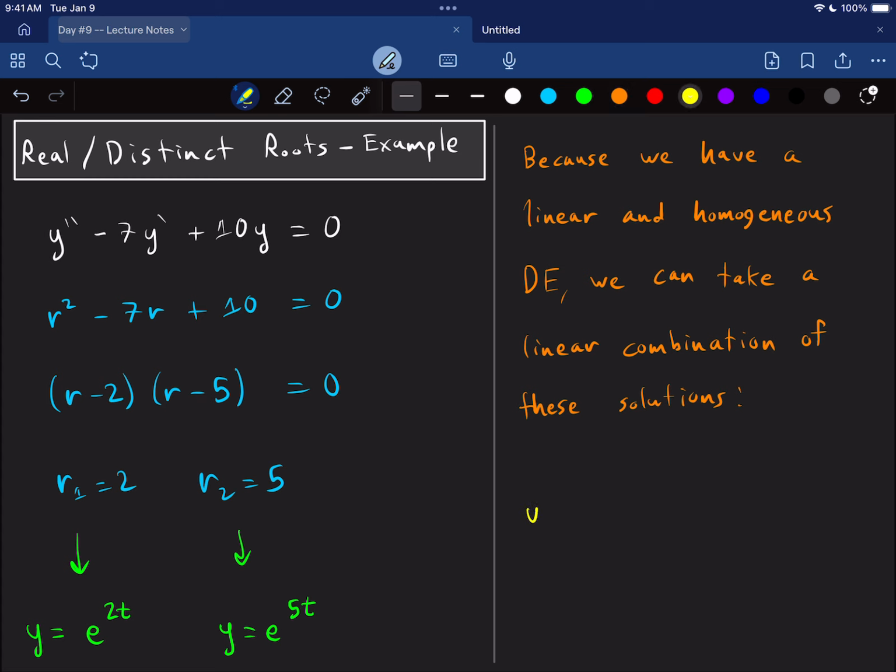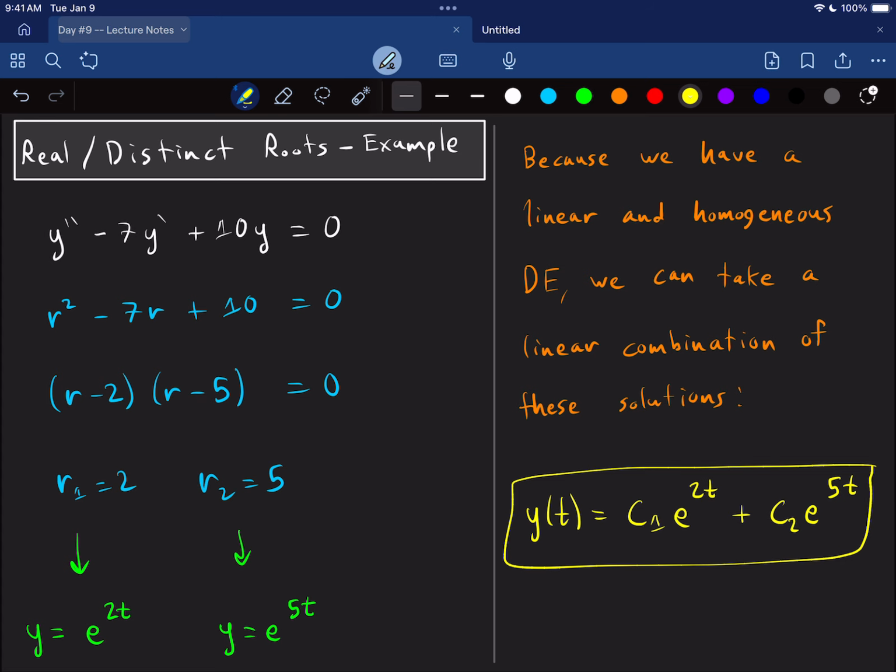So this gives me y of t is equal to c1 e to the 2t plus c2 e to the 5t. And we get an answer.